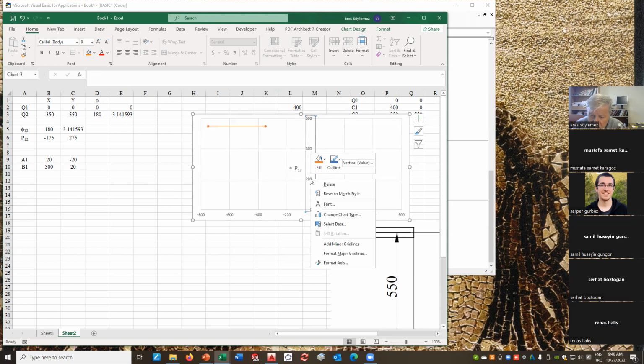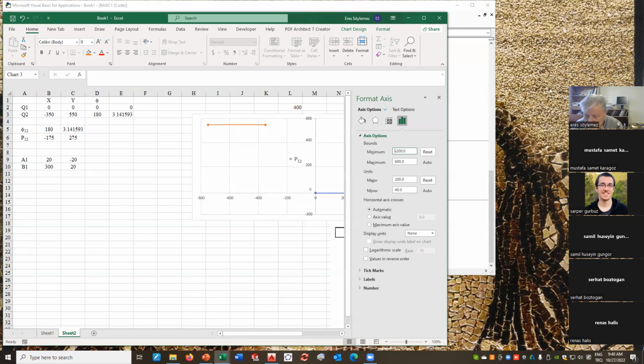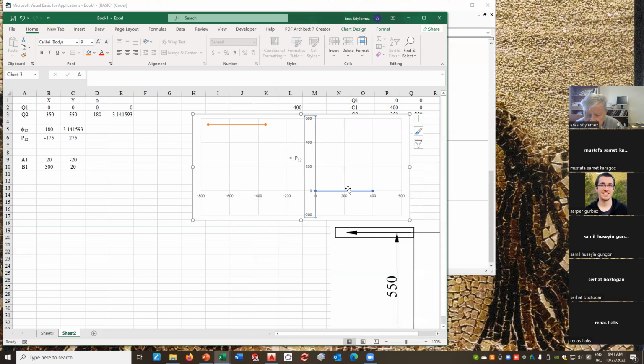Oh, let me format axis starting from minus 200 to 600, because I will be using below. Okay, I think it's okay for the time being.